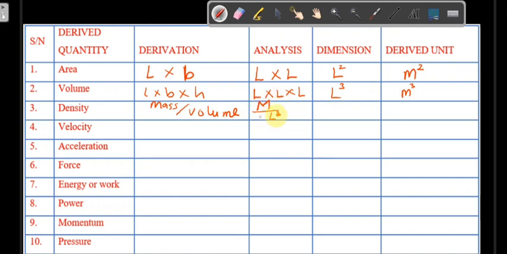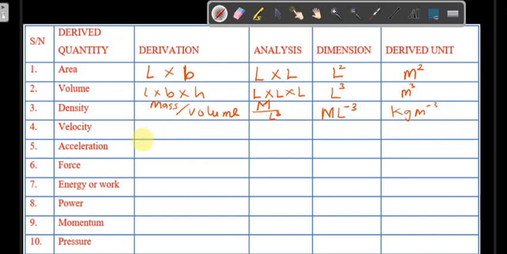So this will be written as M divided by L cubed. When the L cubed goes up, the 3 becomes minus 3, so you have ML minus 3. So the unit of density will be kilogram, that's the unit of mass, then L is meters, raised to the power minus 3. So that's kilogram per meters cubed.